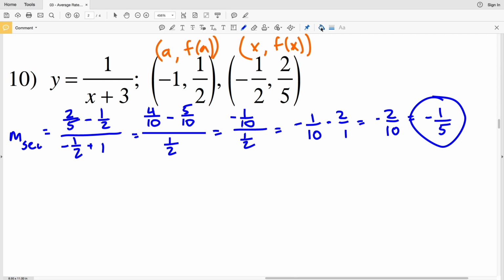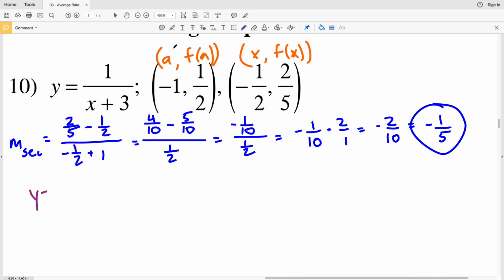Now I just need to plug that in to point slope form. So I'll have y minus y1, where I'll have x1 and y1 be negative 1 and 1/2. So my a, f of a.